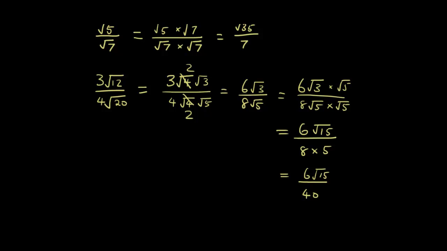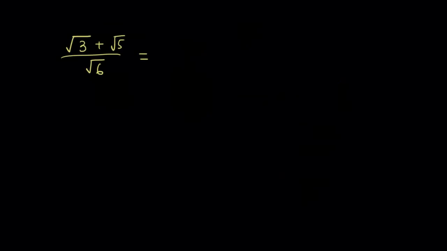Okay, so let's do another one. Let's try to rationalize this one, which will require a little bit of binomial expansion. Here we have square root of 6 on the bottom, which means we're going to multiply both the top and the bottom by square root of 6.